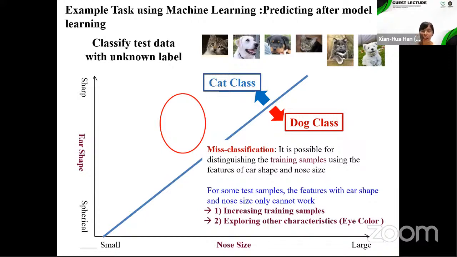After we get this discriminating line, which can best classify the training dog images and cat images, for an input test image with unknown labels, we can use this line. Look at this, observe the test image.